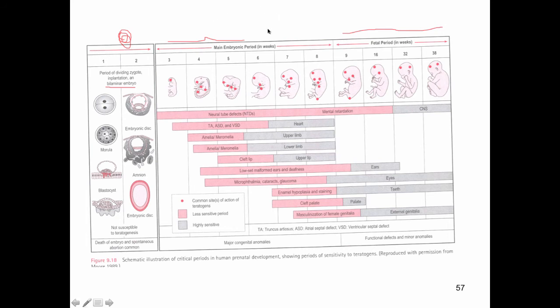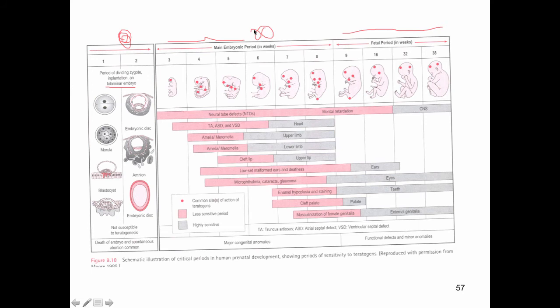There's the main embryonic period, which is 3 to 8 weeks. And then we've got the fetal period, which is 9 to 38 weeks. So this graph is certainly not representing time in equal amounts, right? These columns are not representing time in equal amounts. You spend a lot more time in the fetal period than you do in these other periods.